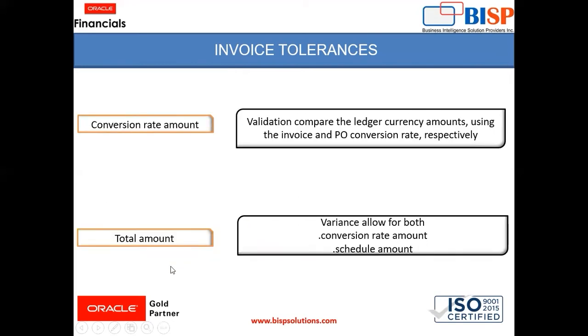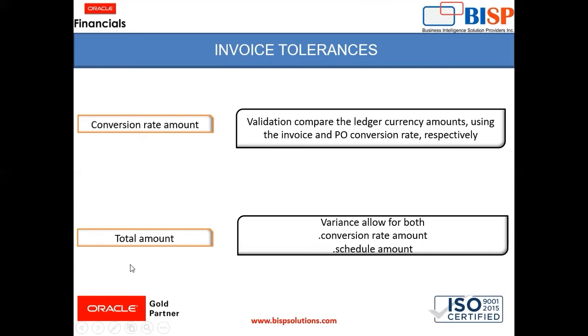The difference is given in percentage form in receipt percentage, and in maximum receipt the difference is given in amount form, right? Now, conversion rate amount. It is validation in comparison with the ledger currency amount using the invoice and purchase order conversion rate respectively.